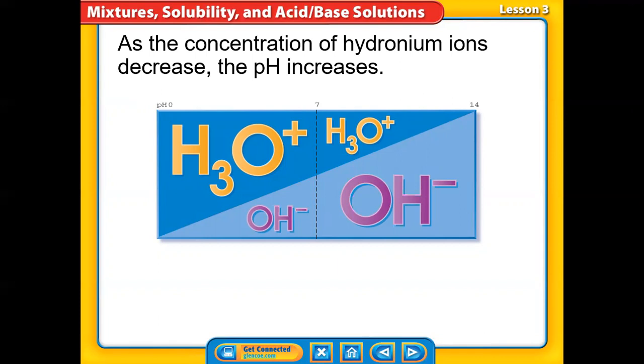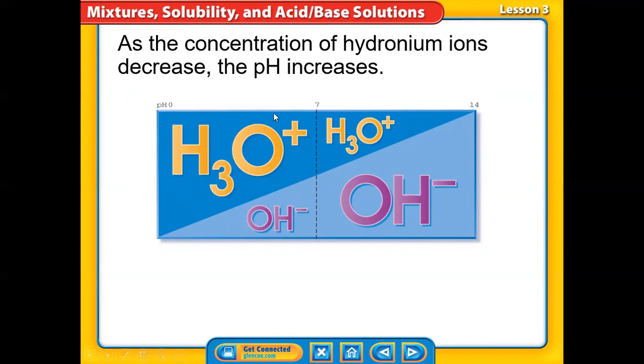But here we find that when the number decreases below 7, the concentration of hydronium ion increases while the concentration of hydroxide ion decreases. So it will be acid. We can observe that pH 0, 1, 2 up to 7, the lower the number, the stronger the acids.